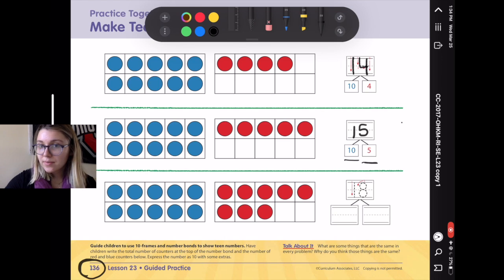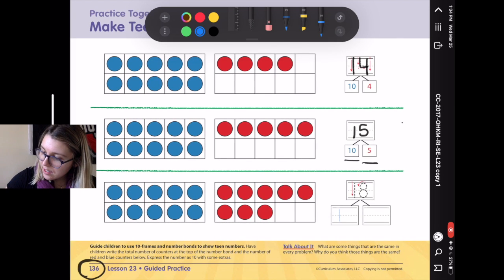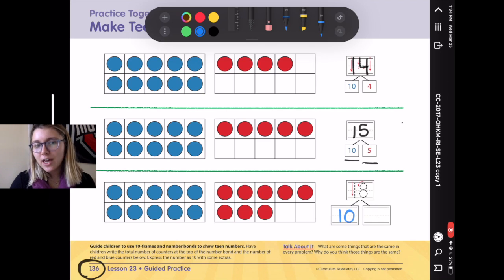All right, now let's look at the last problem. So let's look at both counters. How many blue counters are there? 10, just like the other ones, staying the same. So we have 10 blue counters. So go ahead and write 10 there. If you have a blue crayon, go for it. If not, it's okay. All right, now how many red counters are there? 8.